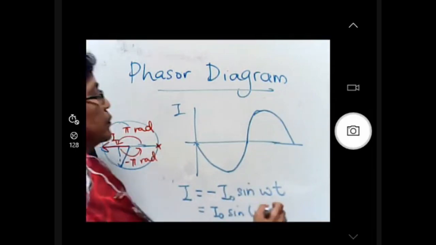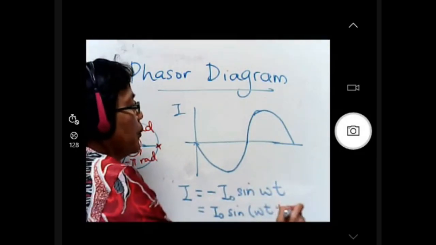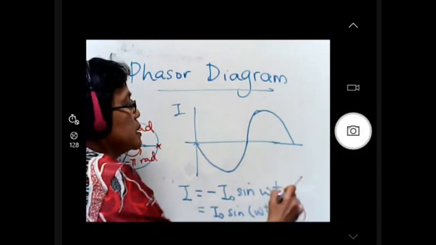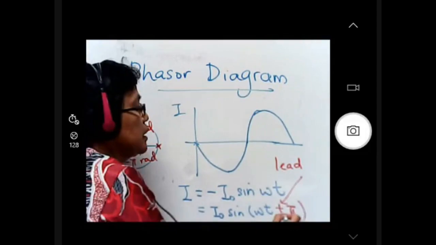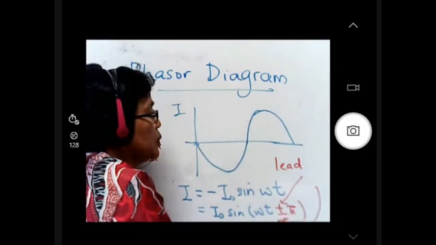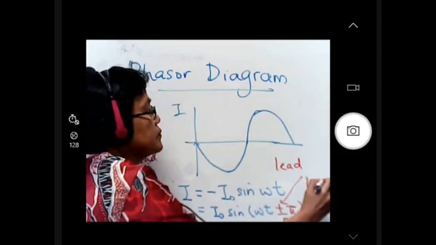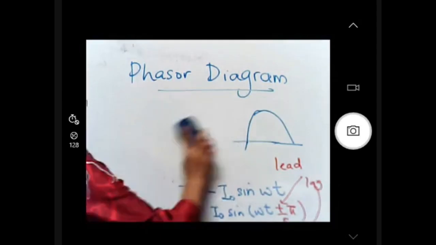So I can write either positive or negative pi. Positive will represent lead, in front. Negative will represent lags. Okay, that is about a phasor diagram.